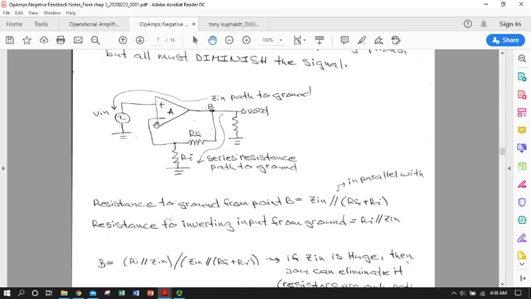And again, the resistance from the inverting input terminal to ground is just Ri in parallel with, assuming these are connected within the op amp, because they are at some point, the input resistance.